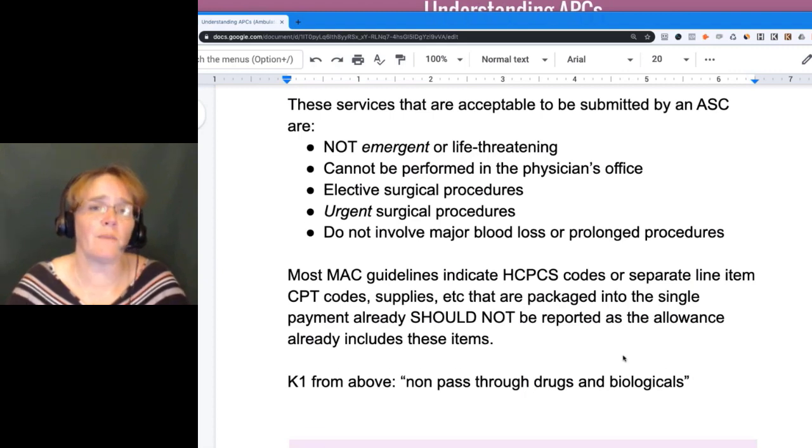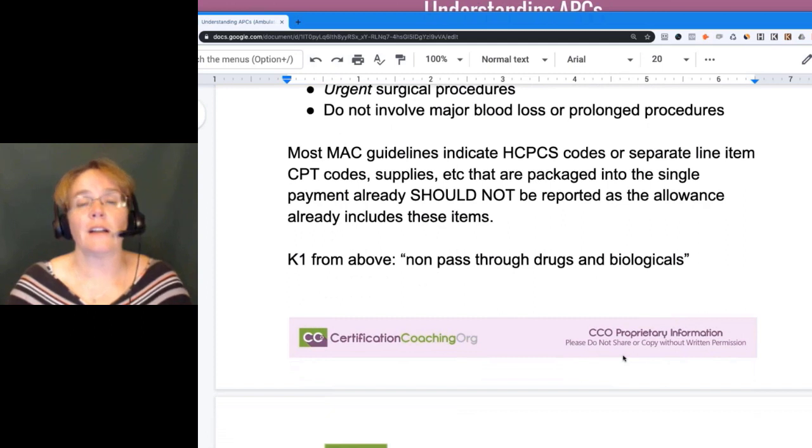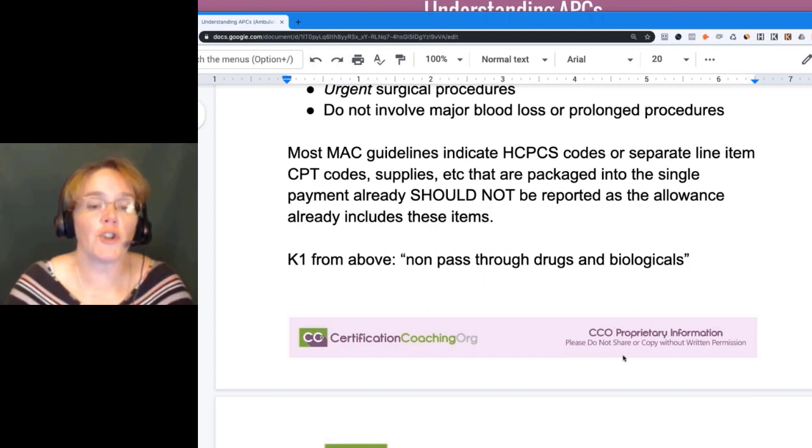So most MAC carriers, most Medicare contractor carriers for your area, are going to tell you which HCPCS code and CPT codes you can use. And they're going to say those supplies and all that stuff, they're all packaged into this payment, one payment. So most MAC carriers tell you, you should not be reporting those items that are already included.